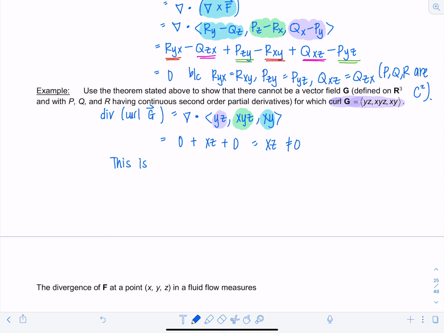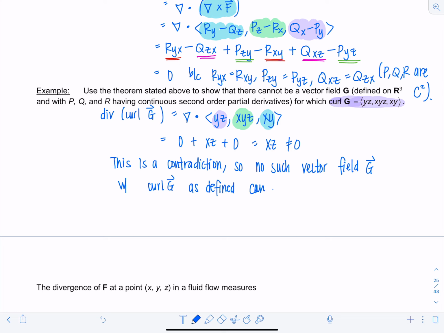So this is a contradiction. So what does this mean? No such vector field G with the curl of G as defined can exist. So whatever they made up and gave us in this problem, it was total garbage.